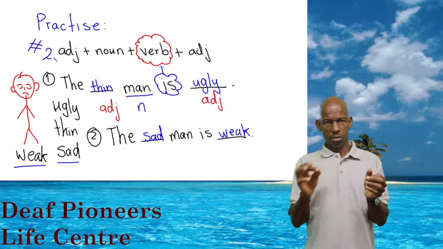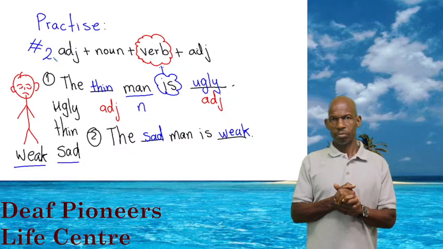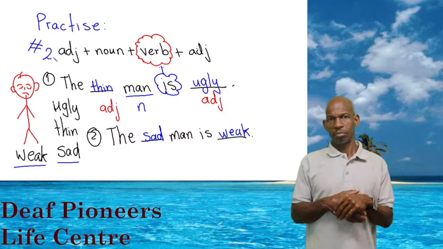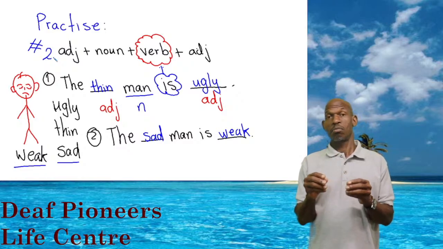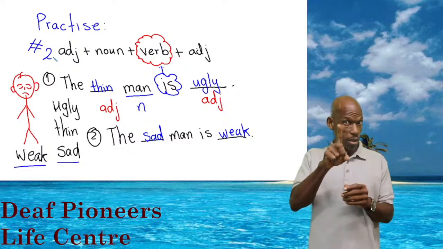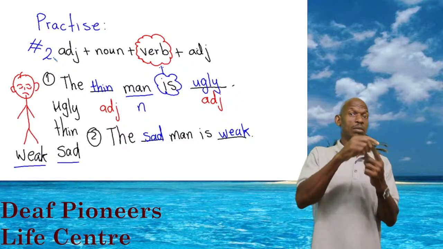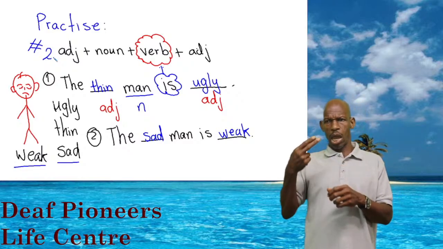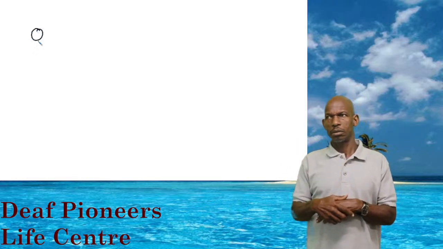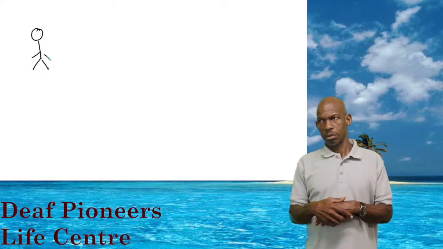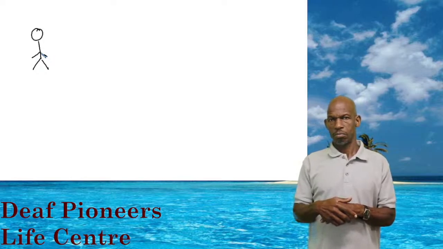Okay, and we can get adjectives with even the exception to the rule that I started the lesson with. All right, so it'd be this man again, and we talk about him being weak and whatever.